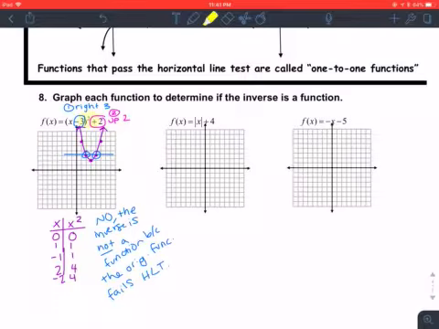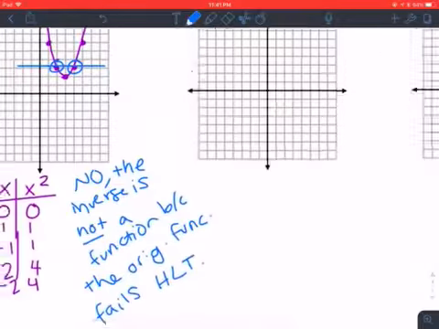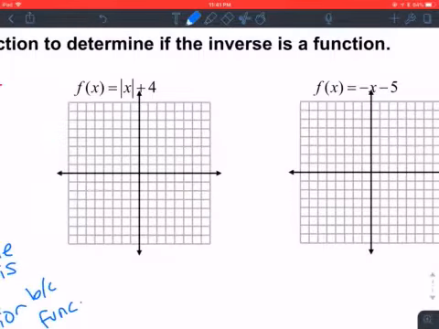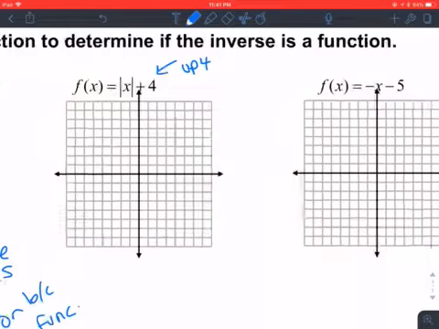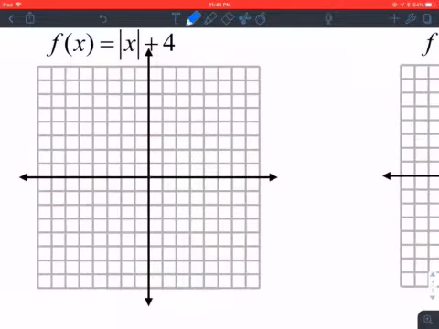Okay, we can do the same thing here. The second example is the absolute value function shifted up 4. So normally we start at 0, 0. We're going to go up 4. And then we know this is our V-shape absolute value. You can do the points individually if you want to. I'm just trying to save us some time.